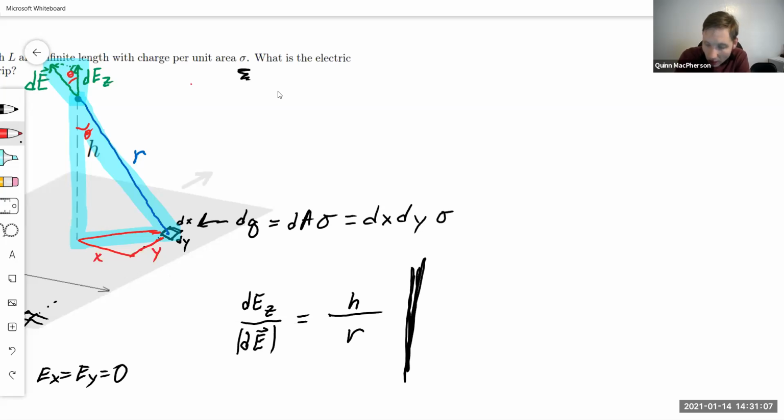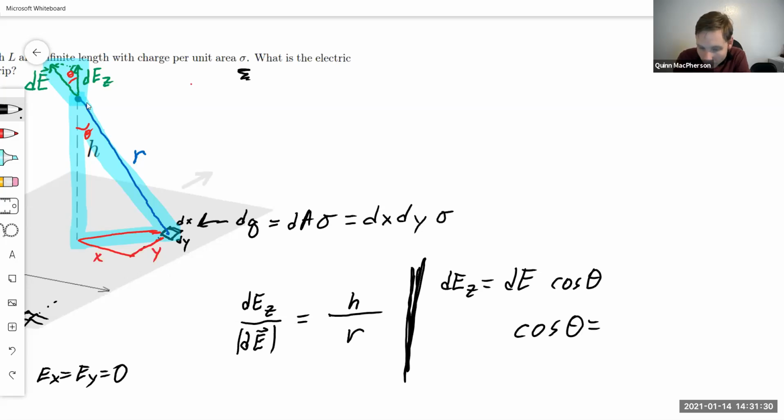We would say that dEz is equal to dE times cosine of theta, and because these two thetas are the same, cosine of theta is h over r, and that gives you the same thing.